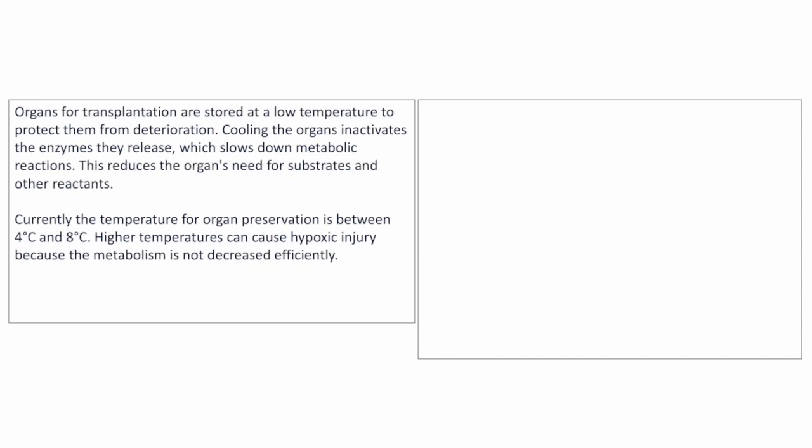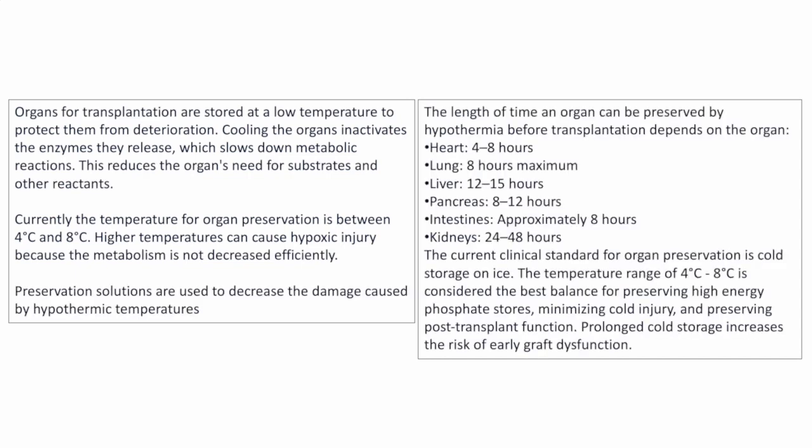That's great, but what's the problem? The problem is the time. At 4 degrees centigrade, you can preserve, for instance, a liver for 12 to 15 hours, a heart for 4 to 8 hours, and that's not enough for transplantation.